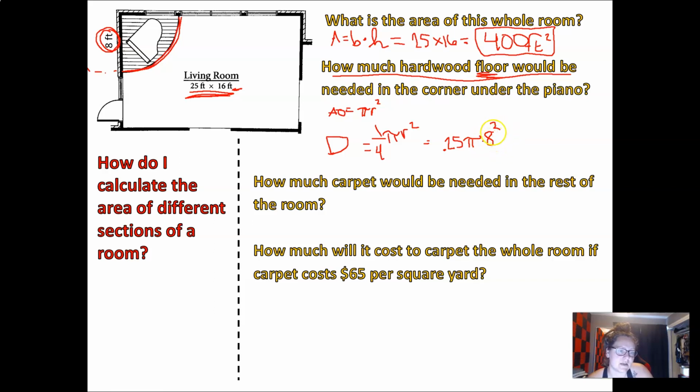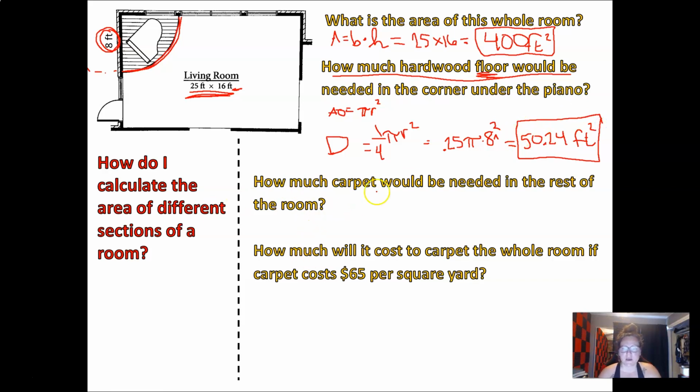Remember, if you need it, one button has a little 2 up there, or you can always use the caret. All right, equals 50.24 square feet, again because it's given to us in feet. Square feet.